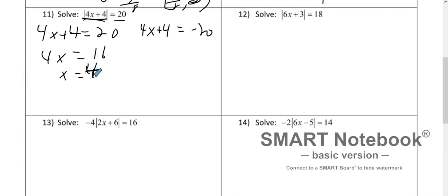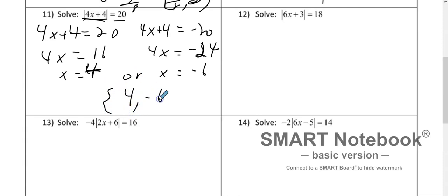Subtract 4. When I do that, though, negative 20 minus 4 is negative 24. Now when I divide, I get negative 6. And you can just write it like that, or you can use braces and put 4 comma negative 6.